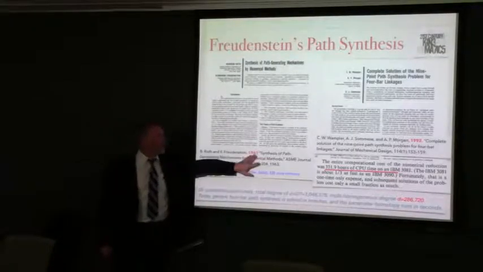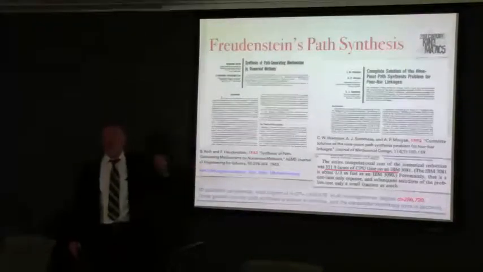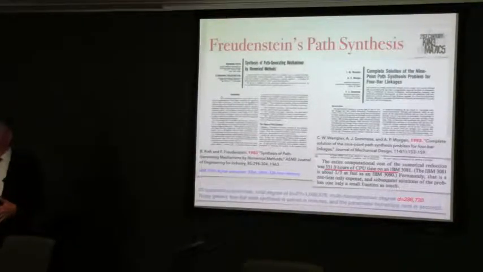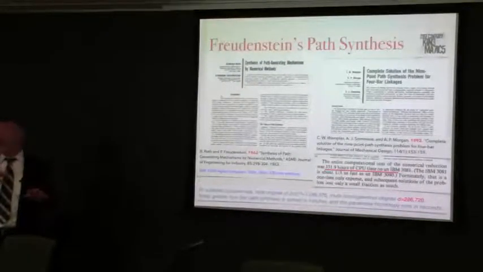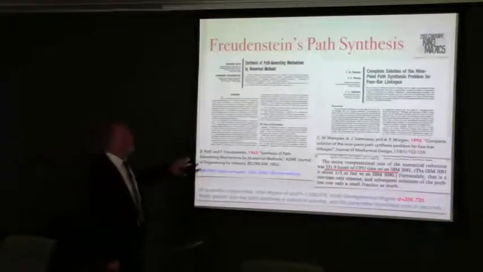This was done in 1963. It's known as the 9-point path synthesis problem. You give me 9 points on a path, I can design a 4-bar linkage that fits those 9 points. If those 9 points are selected appropriately, then the coupler curve will fit your desired curve.